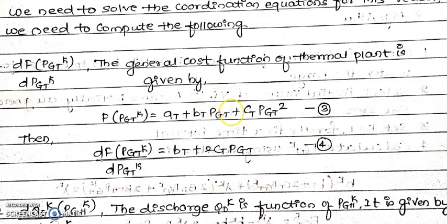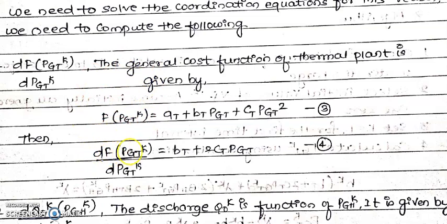And pgt is the total power generated from the thermal power plant. Take this as equation number 3.